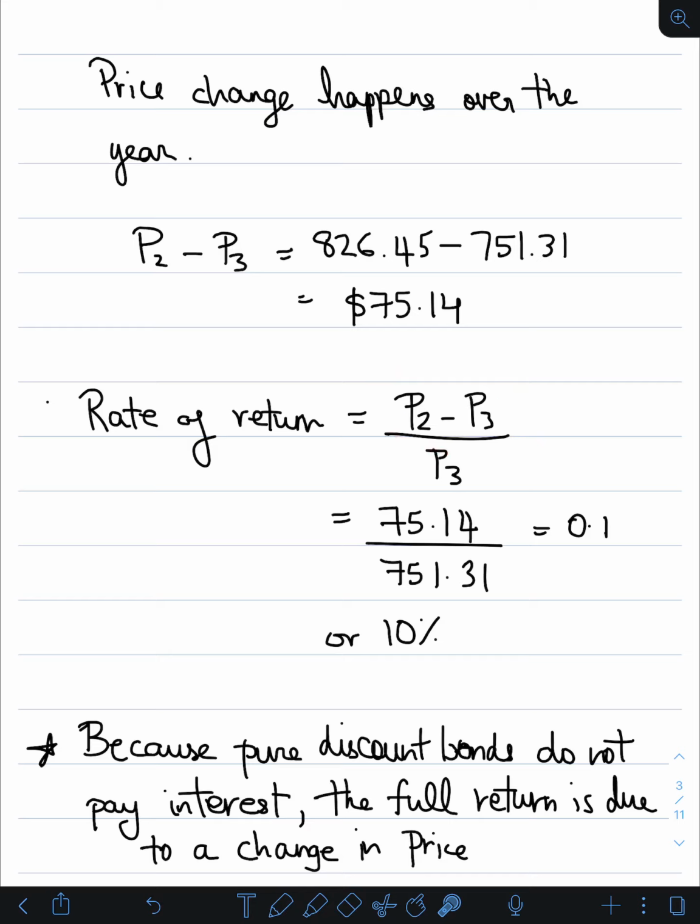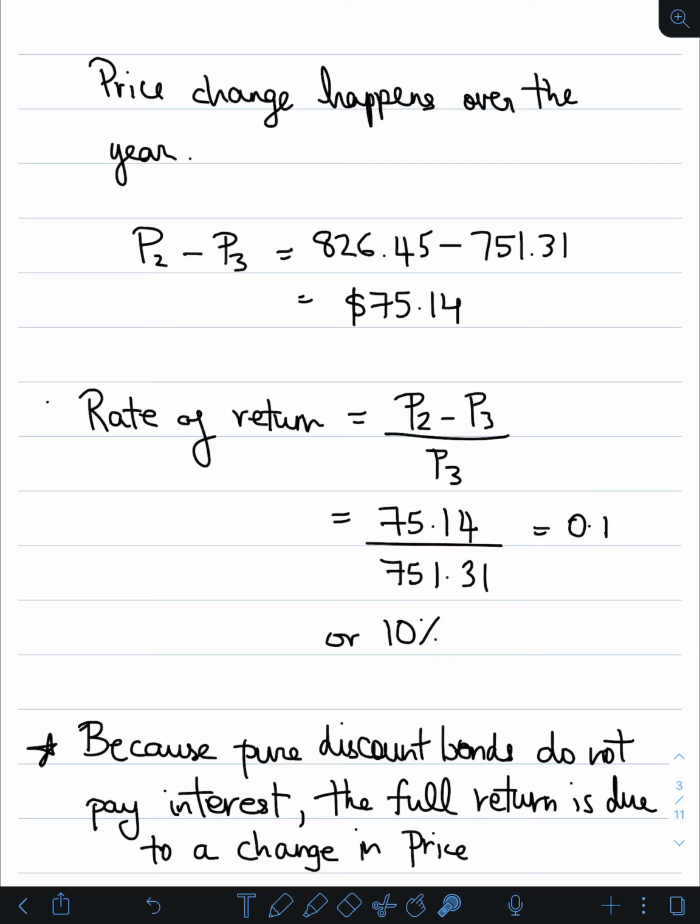The new price is 826.45 minus the old, 751.31, divided by 751.31. We already calculated this difference, so I'm putting that up there: 75.14 divided by 751.31, and that turns out to be 0.1.